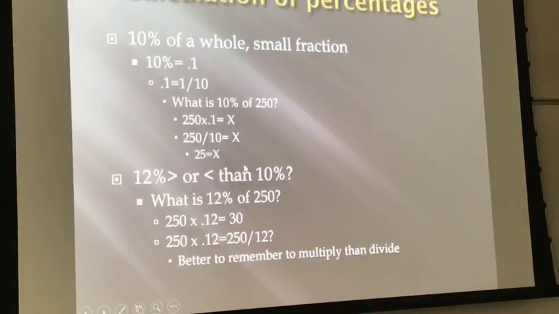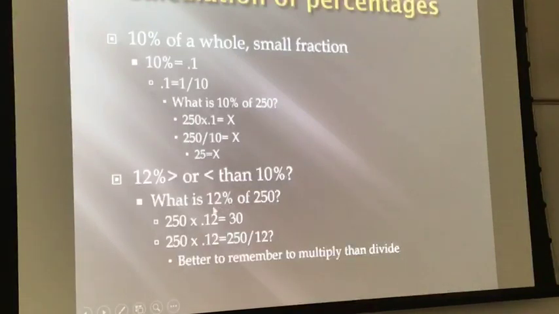So we have a tendency sometimes to confuse what's greater than and what's less than in percentages, or even in decimals sometimes. So 12%, is that greater or less than 10%? If you have 12% of something, that's 0.12, it's going to be greater, right?